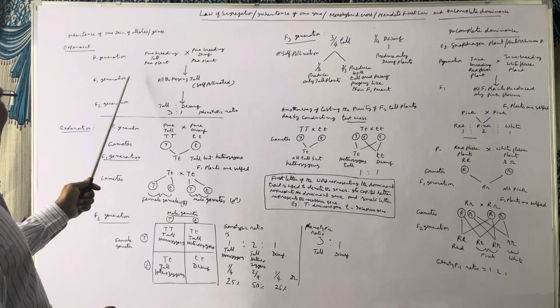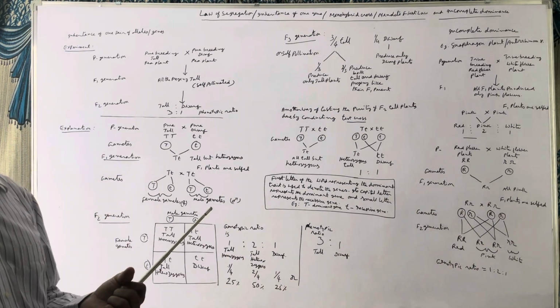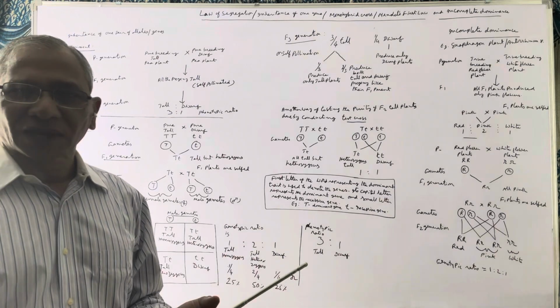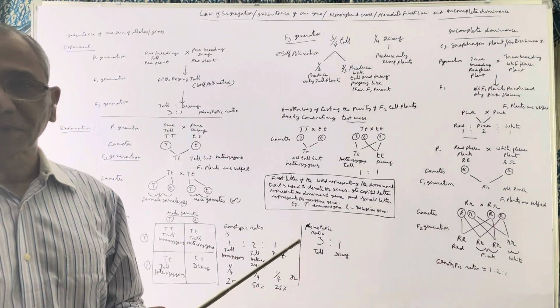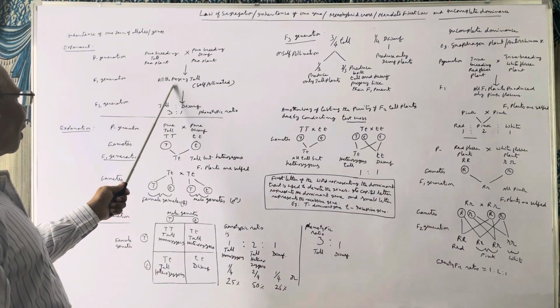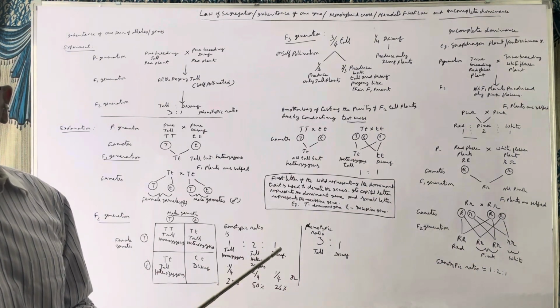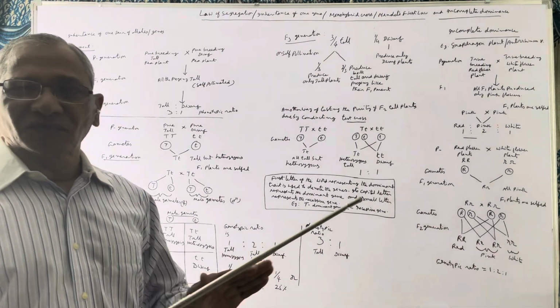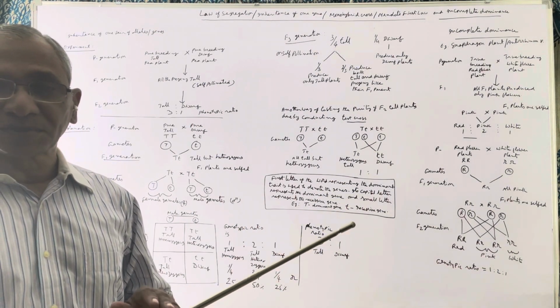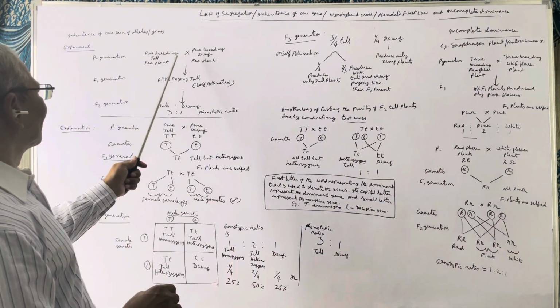In the F1 generation, all the plants were tall. Not even a single dwarf plant appeared. So all the F1 progeny are tall, like their tall parent. There is no blending of the traits, no intermediate height plants. All were tall, like their tall parent.